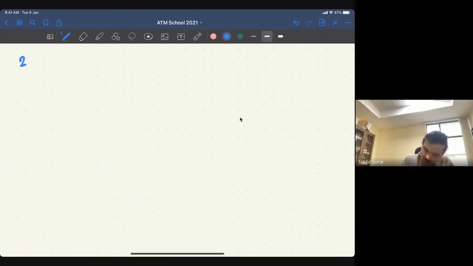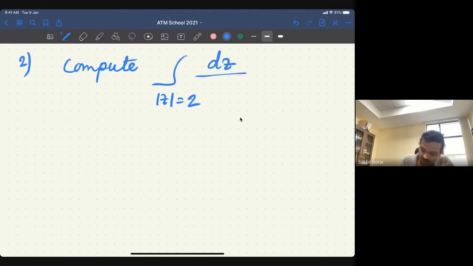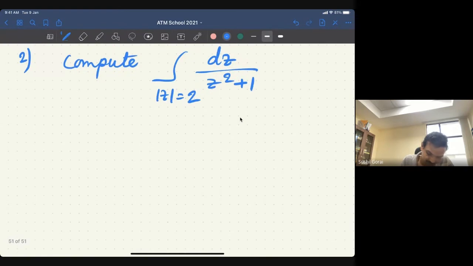So exercise 2, compute the integral over mod z equal to 2 of dz by z square plus 1. You have to make it in terms of partial fractions to get this, and then use the winding number.